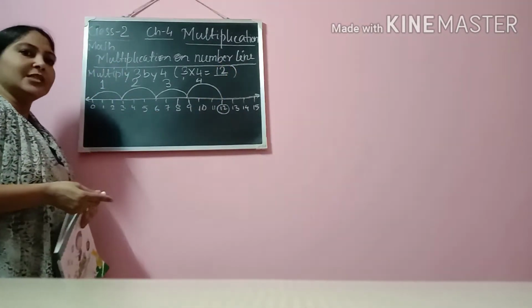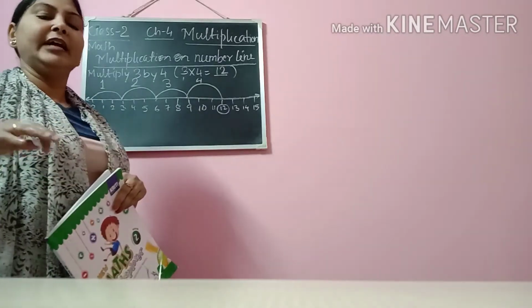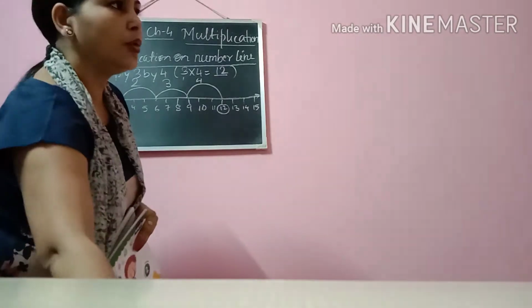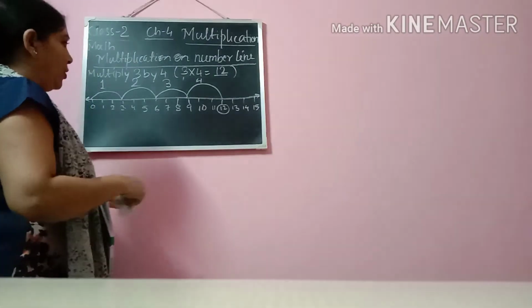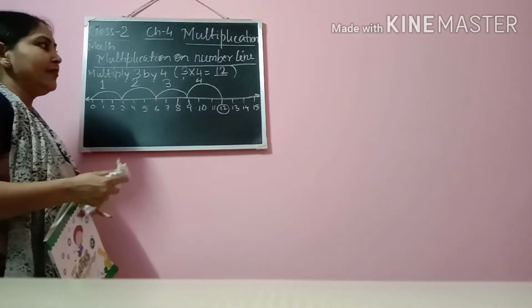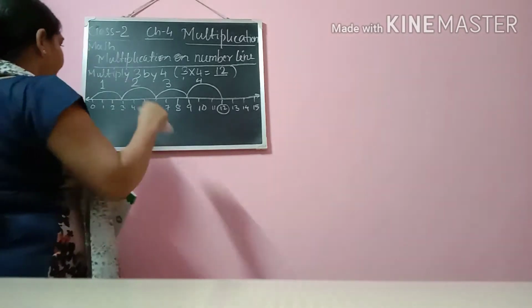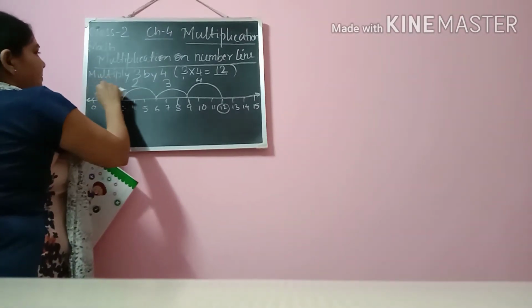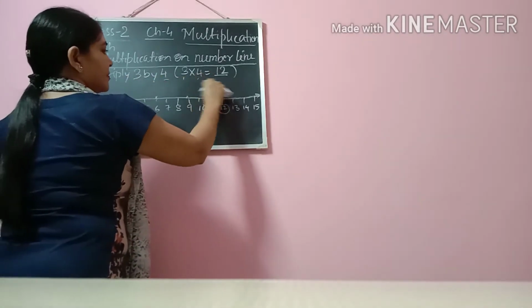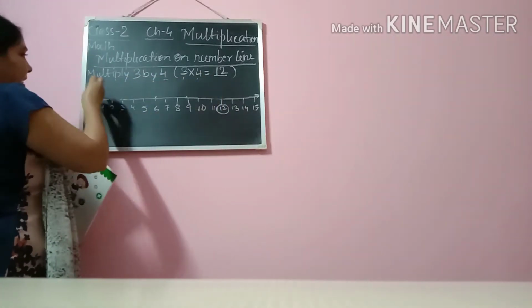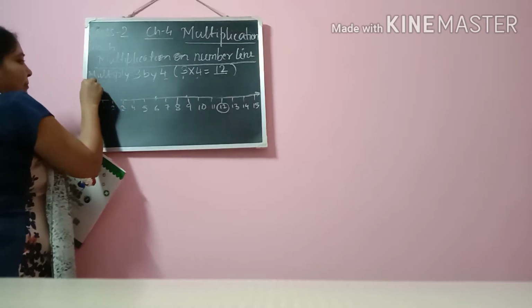Okay, so this is one example. Now if we take one more example, say 2 fives are how much, or 2 multiplied by 5 how much? I will rub this and we will take another example.